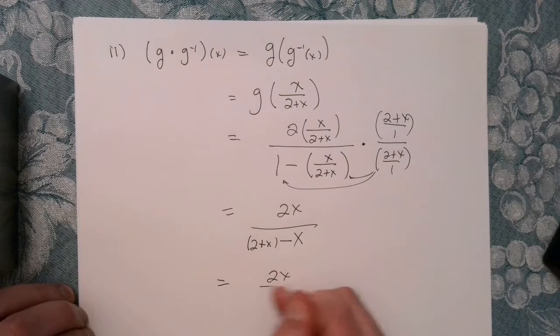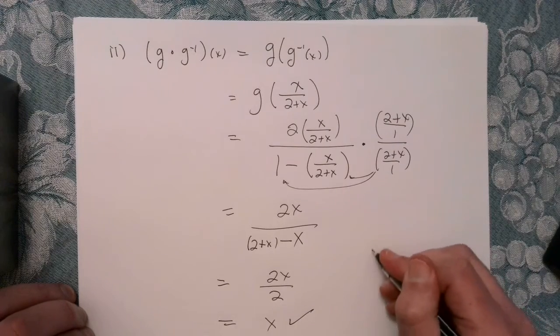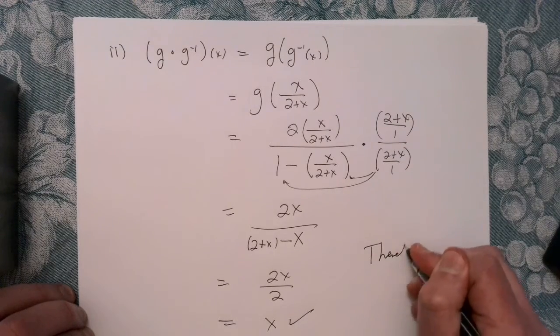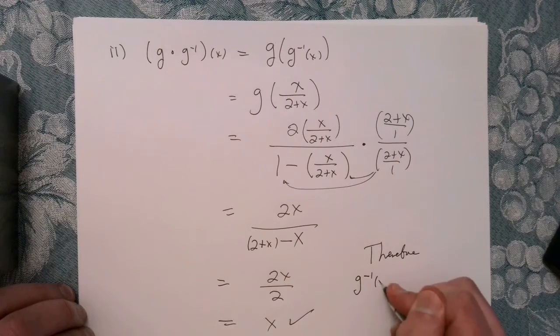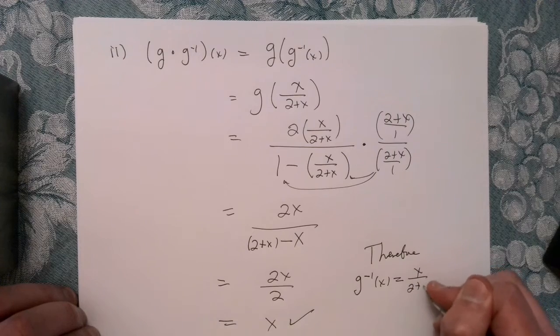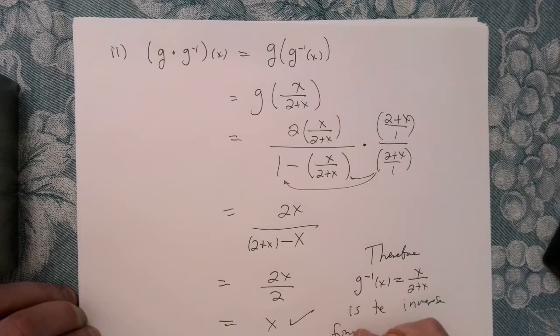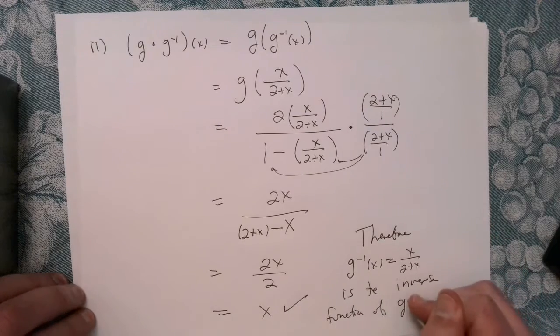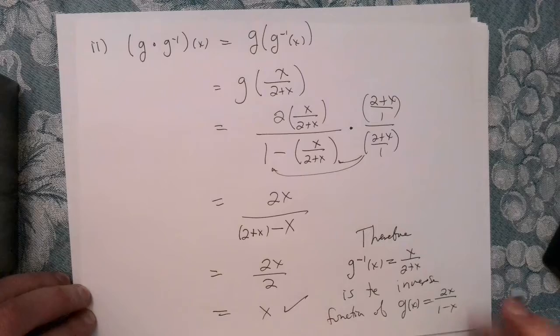The x's will cancel, so that gives me 2x over x, which is exactly x. Therefore, exactly what we claimed. This function is the inverse function of g of x equals 2x over 1 minus x.